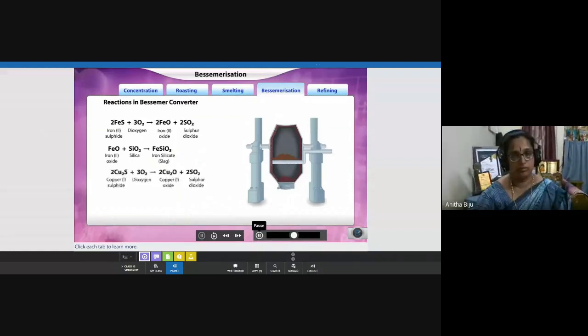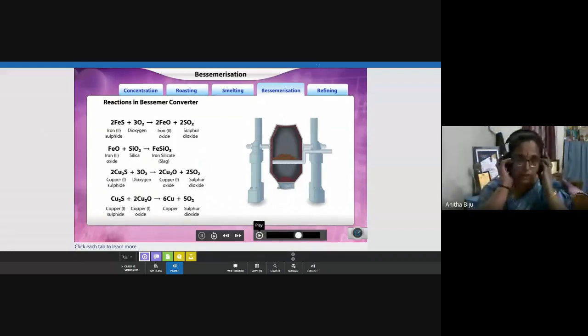Copper 1 sulfide forms copper 1 oxide. Since there is no iron left, it reacts. Note down the equations related to Bessemerization process. Why is it called Bessemerization? Because the name of the apparatus is Bessemer converter. That's why the process is called Bessemerization.